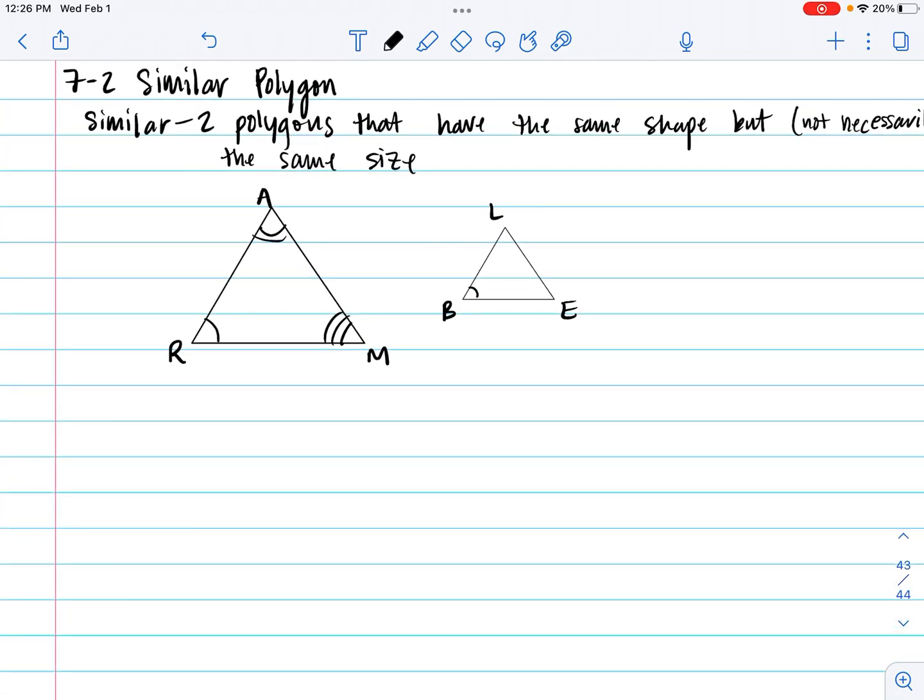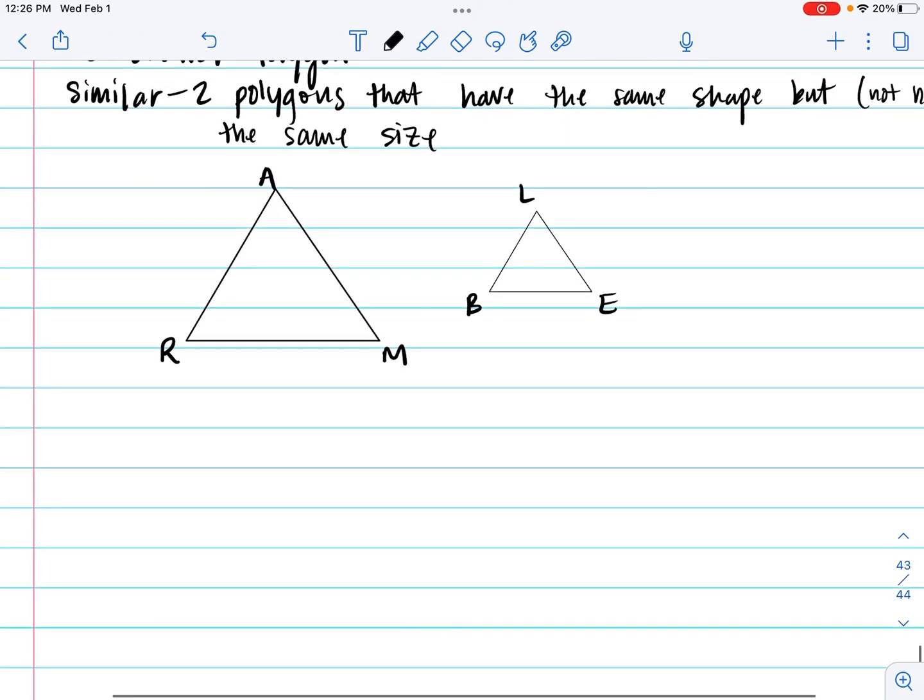Actually, let's give the actual measures here. Let's do 50, 60, 70, just so we have some values to actually work with. 50 degrees, 60 degrees, 70 degrees. Okay? And similarly, 50, 60, 70.